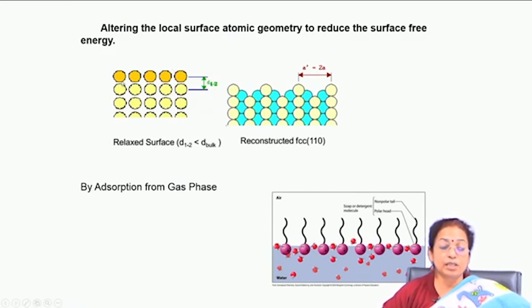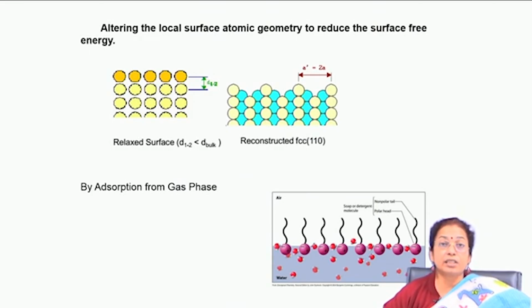So, if you see the surface atomic arrangement, you will find that the d-spacing between the surface atom and the neighboring atom is a little lower than the typical interatomic spacing of the other atoms in the bulk. This is called relaxation. Another phenomenon which is also observed is the rearrangement of the surface, called reconstruction.